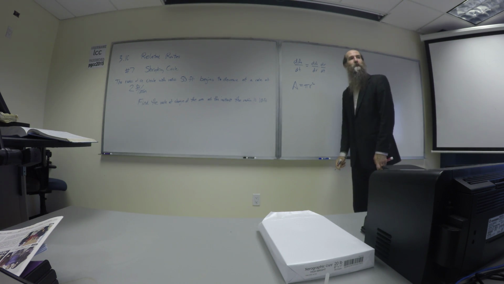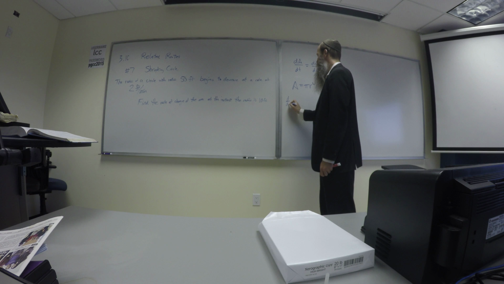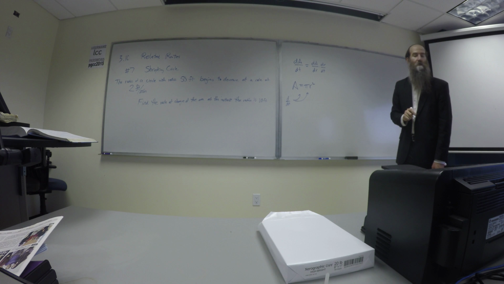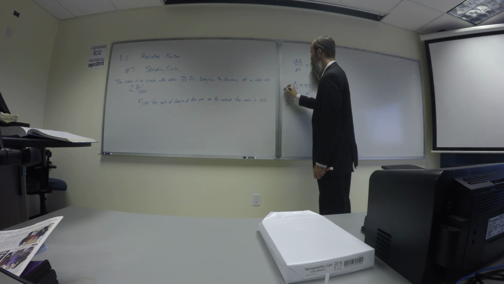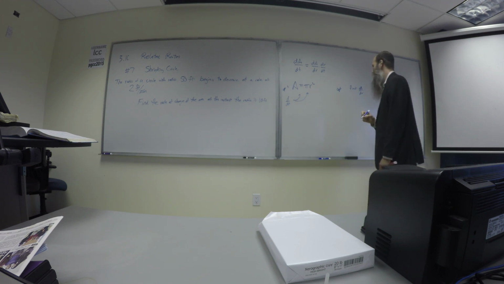So I have two choices now. There are two basic approaches to these types of problems. That is, I could take d/dt and apply it to both sides of this equation. That's option one. And then option two would be to find dA/dr.